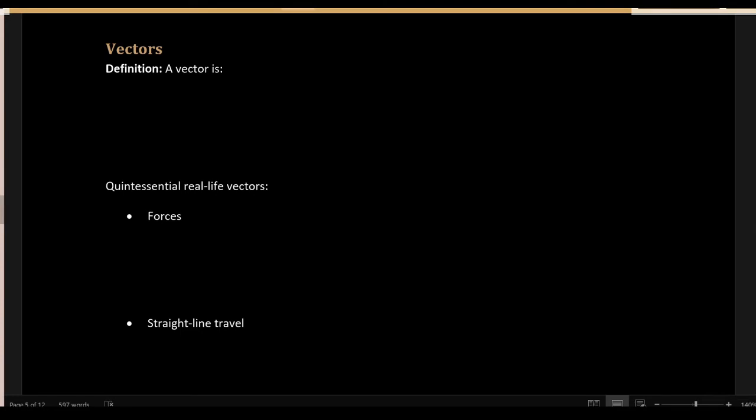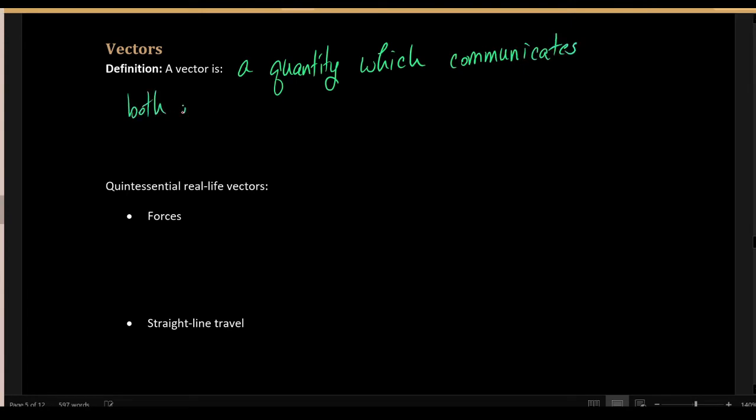Now, a vector is just any quantity, any piece of data, any piece of information which communicates both a direction and a length or strength or magnitude.